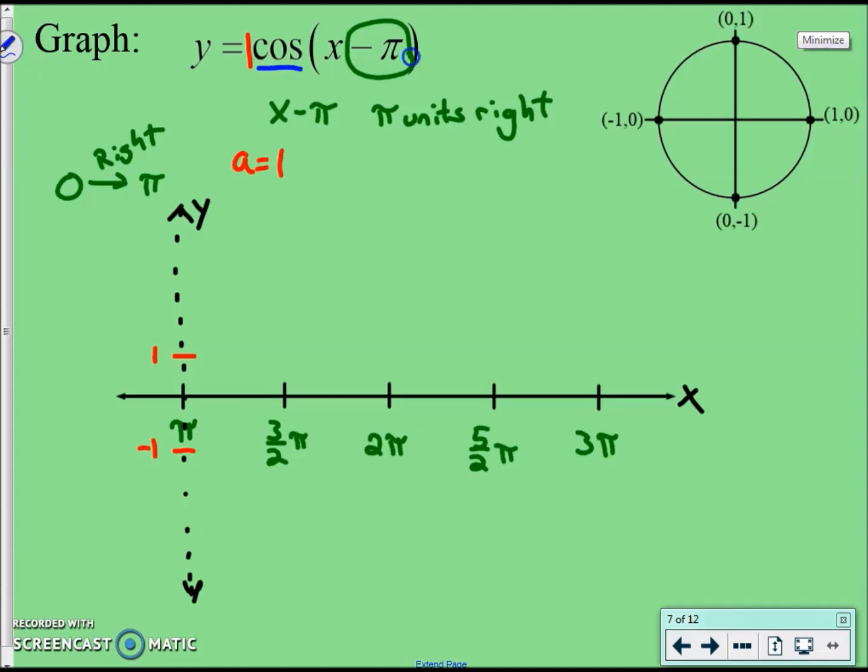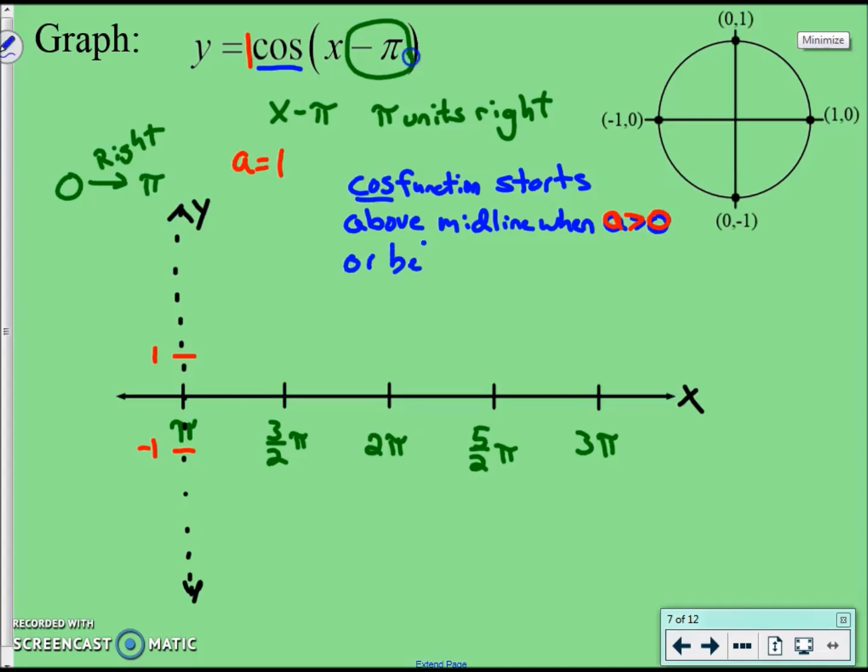And for a cosine function, our cosine function will always start above the midline when a is greater than 0, and I'm going to do that in red, or below when a is less than 0.